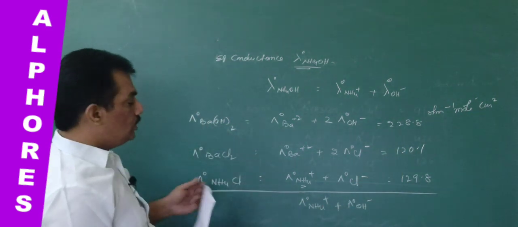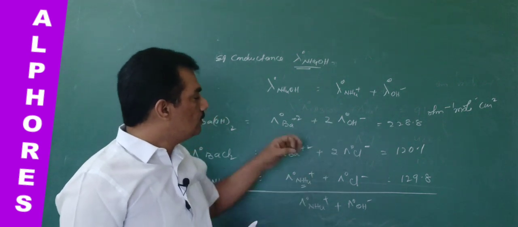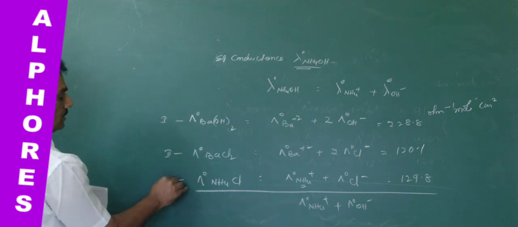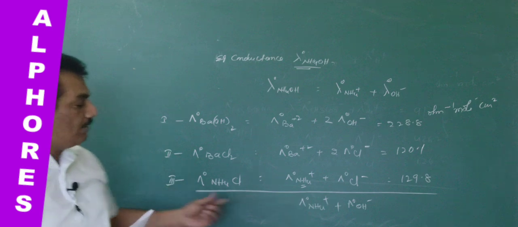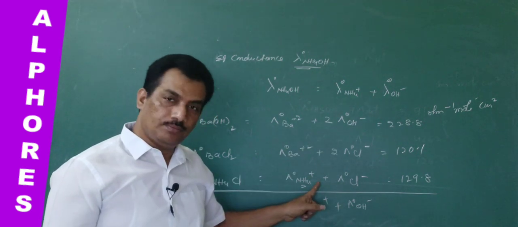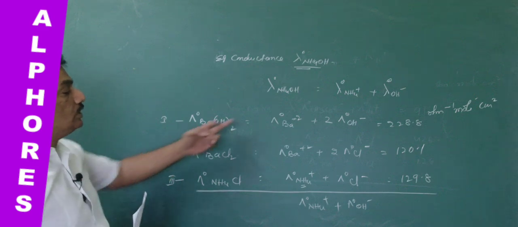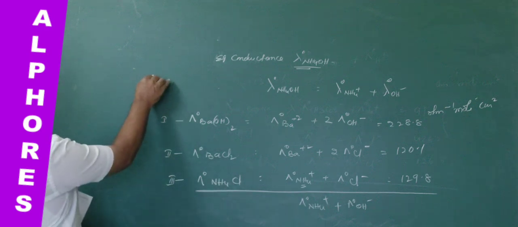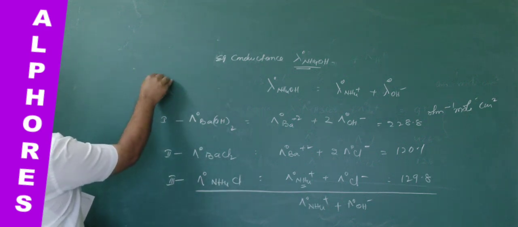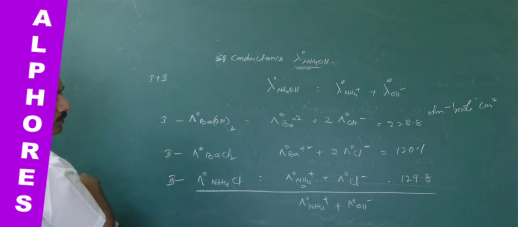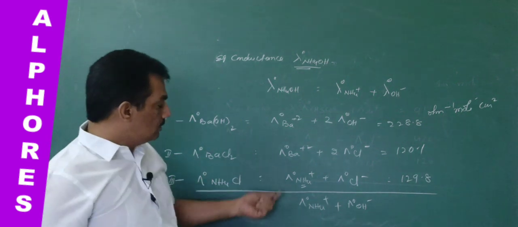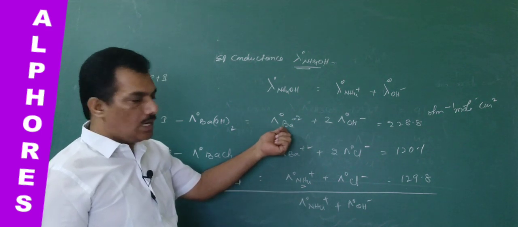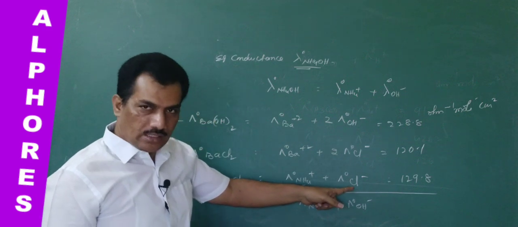But actually these two are present in different equations, so for easy understanding let us number them 1, 2 and 3 equations, and we have these 2 ions in 1 and 3, so we have to add these two. So we have to add 1 plus 2. In the required, when we are considering these, barium is an unnecessary ion and chloride ion is also an unnecessary ion.